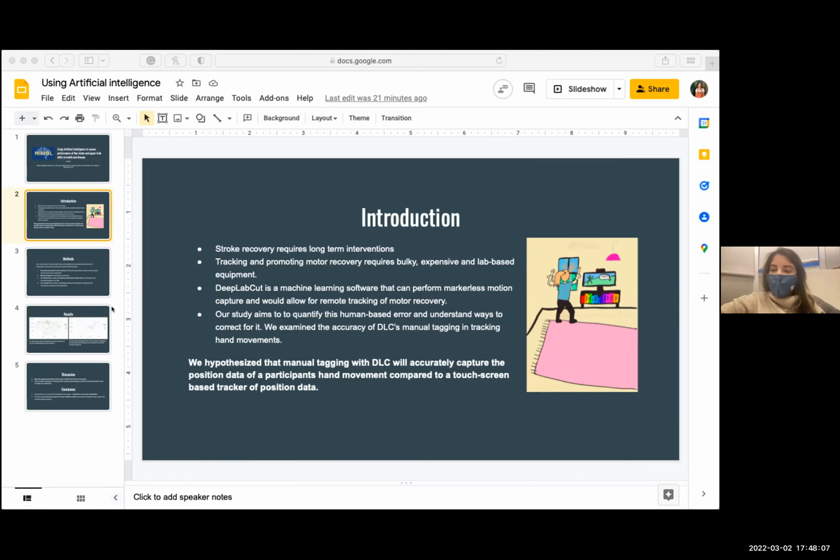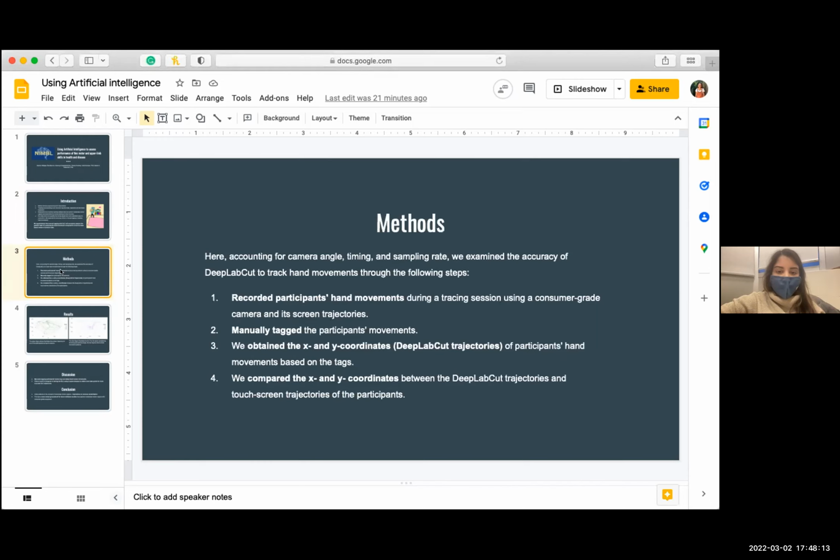Let's look at your methods slide. I wonder if here you have the opportunity to put an actual picture to help with the explanation?